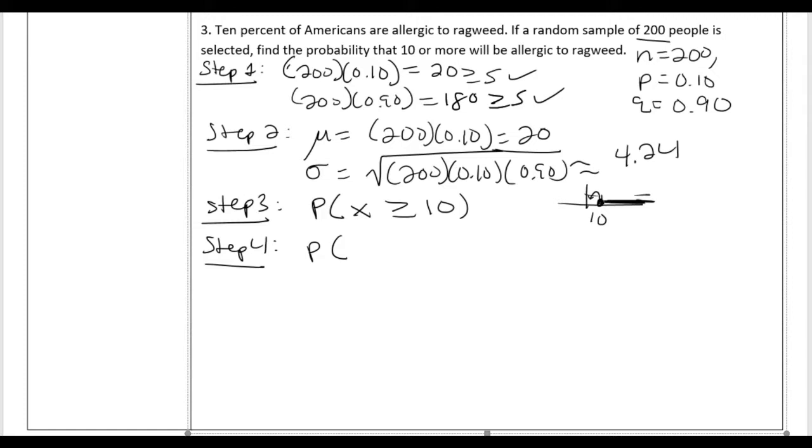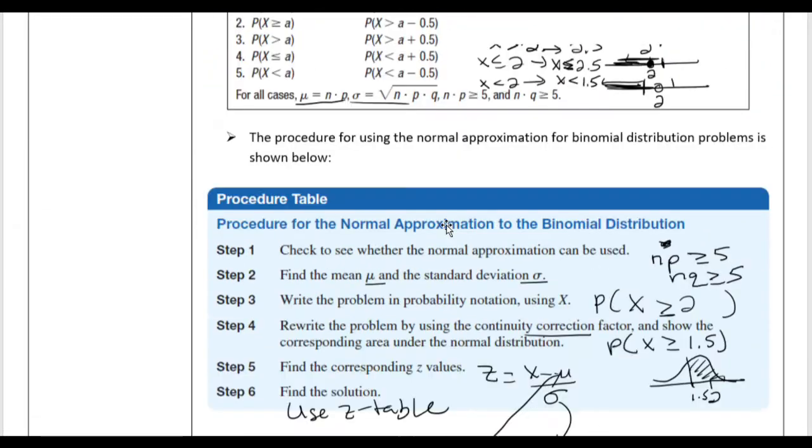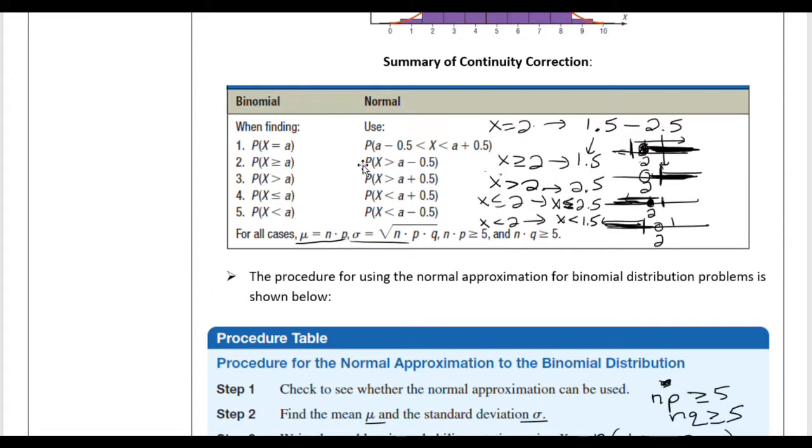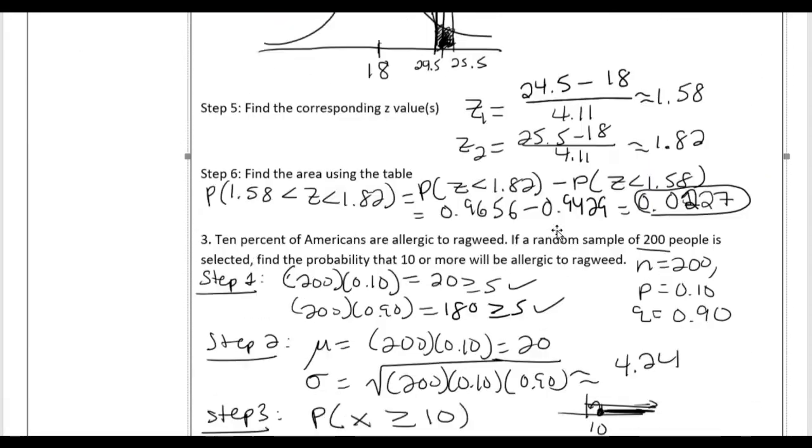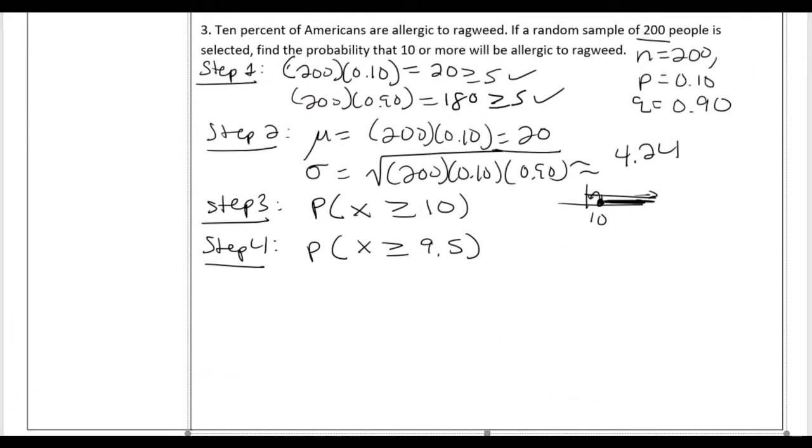So 9.5. I know this is going to be greater than or equal to 9.5, and that'll be my correction factor. If you want greater than or equal to, take away 0.5. So 10 minus 0.5 is 9.5. All right, so now we got the correction factor.